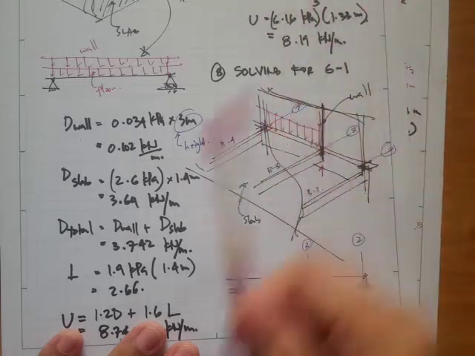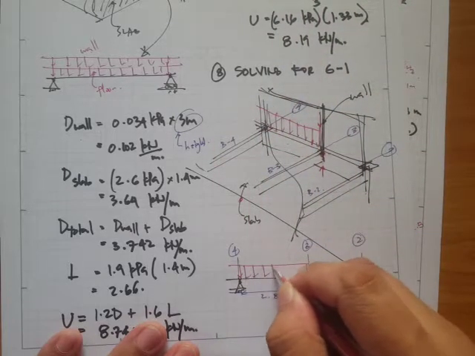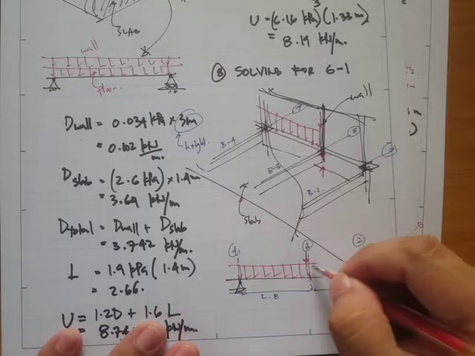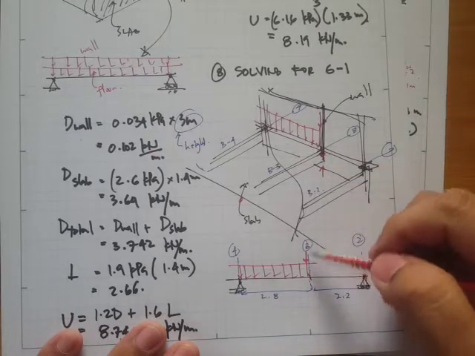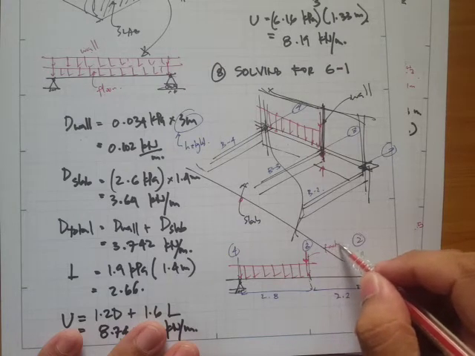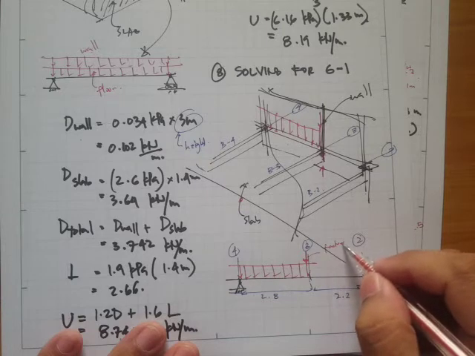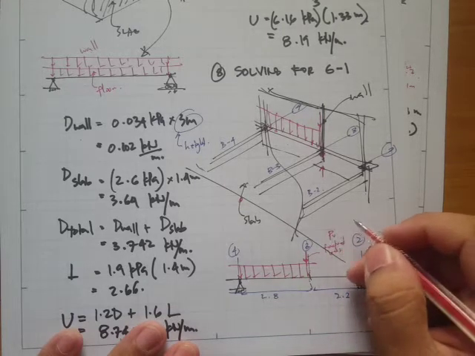So the loadings are actually something like this. We have a distributed loading from the wall and then another point load from the beam. If this is from the beam, then this is already a factored load, right? So we already have a factored load right here. So that's P_U.